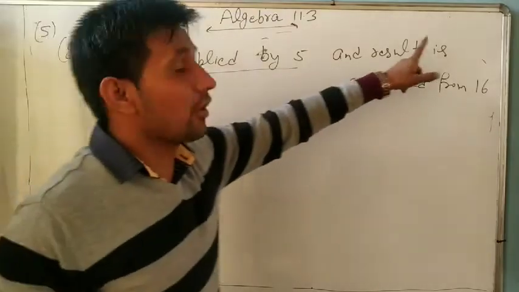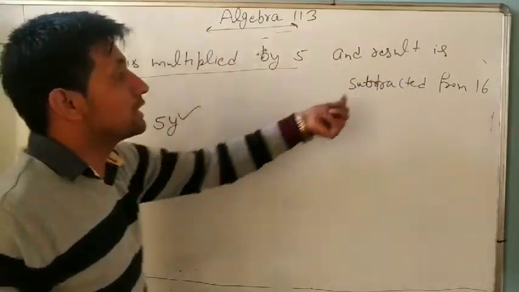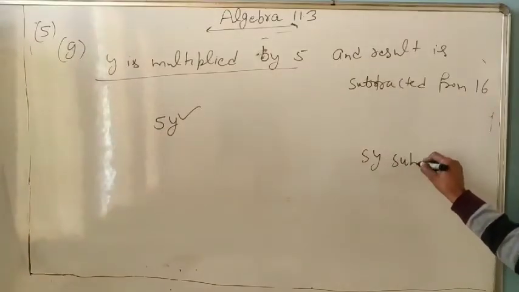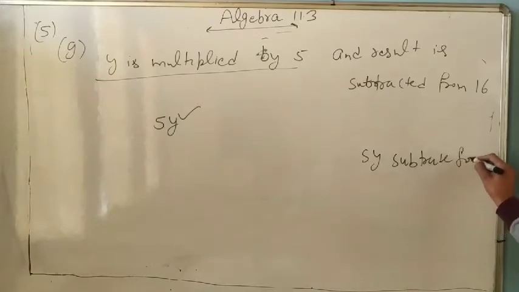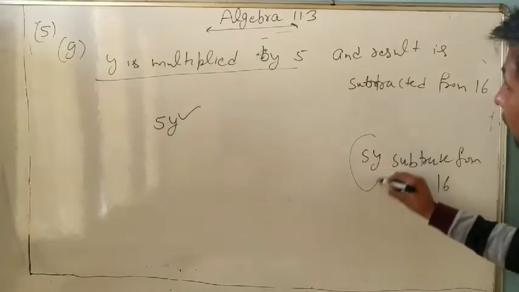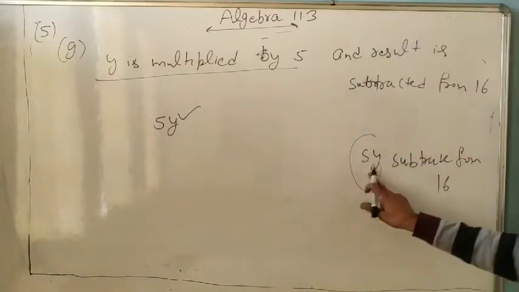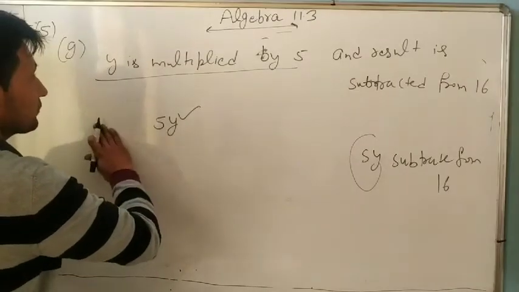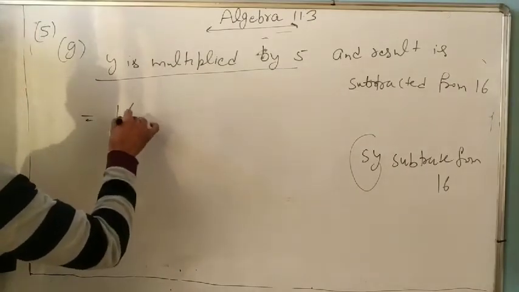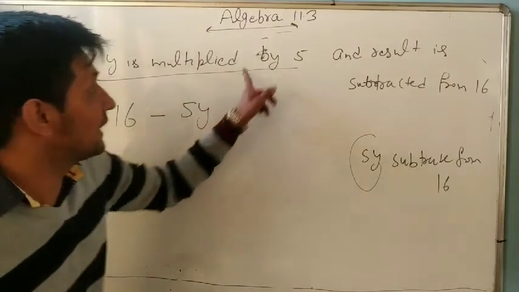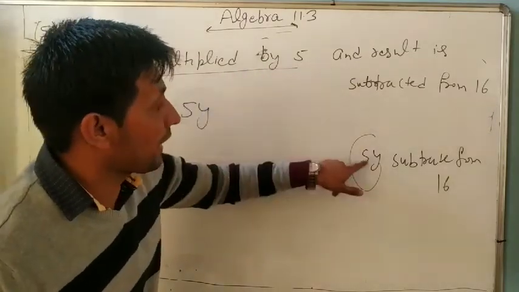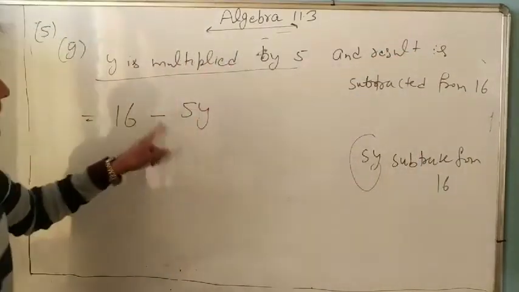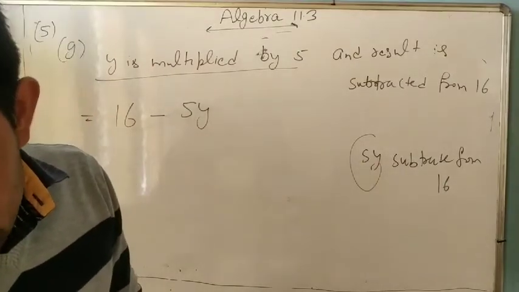And the result is what we got? 5y is subtracted from 16. So 5y subtracted from 16 will be written as 16 minus 5y, because the result is y multiplied by 5. So 16 minus 5y. Understand it?